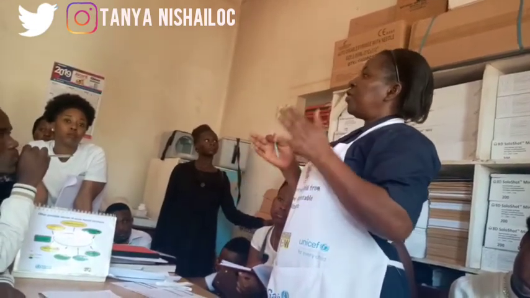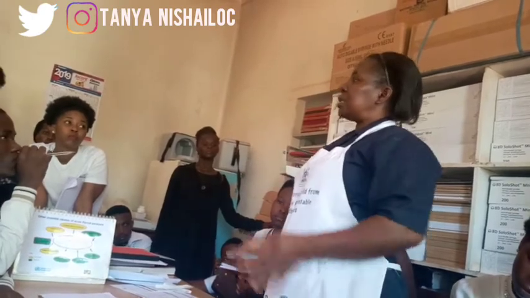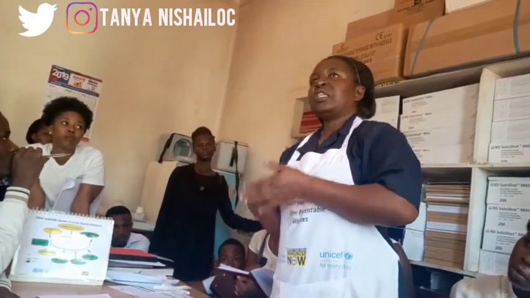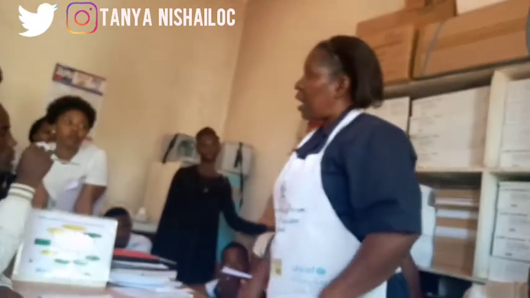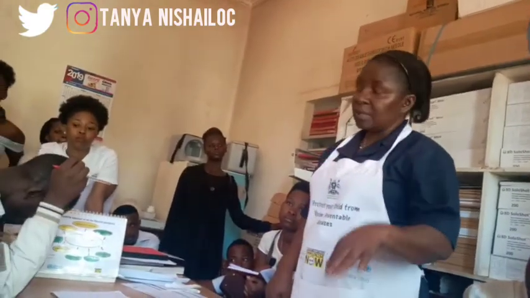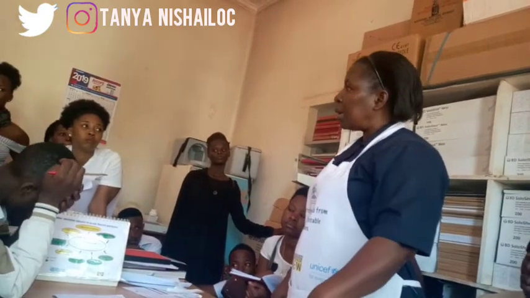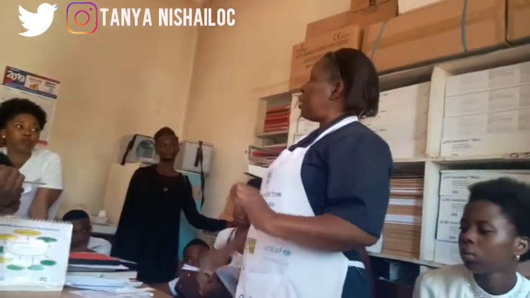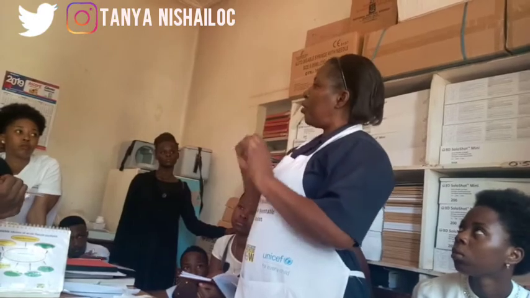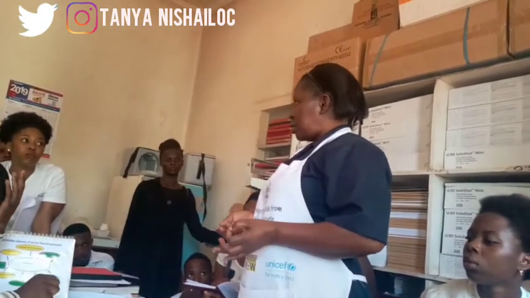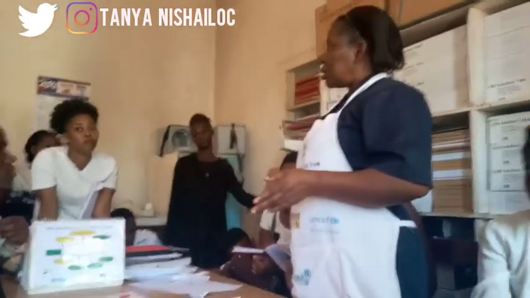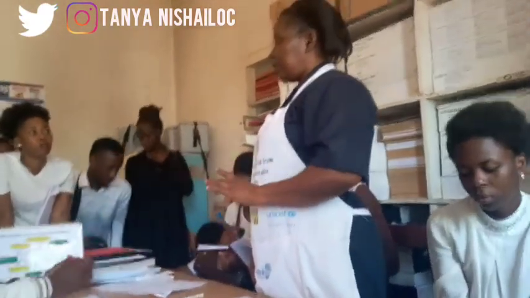Those vaccines are considered invalid after 6 hours of opening. For example, if it's now 10 o'clock and I open it, remember the VVM is on top, after 6 hours I discard it. So there's no one going to monitor it. Those are measles, rubella, and BCG.